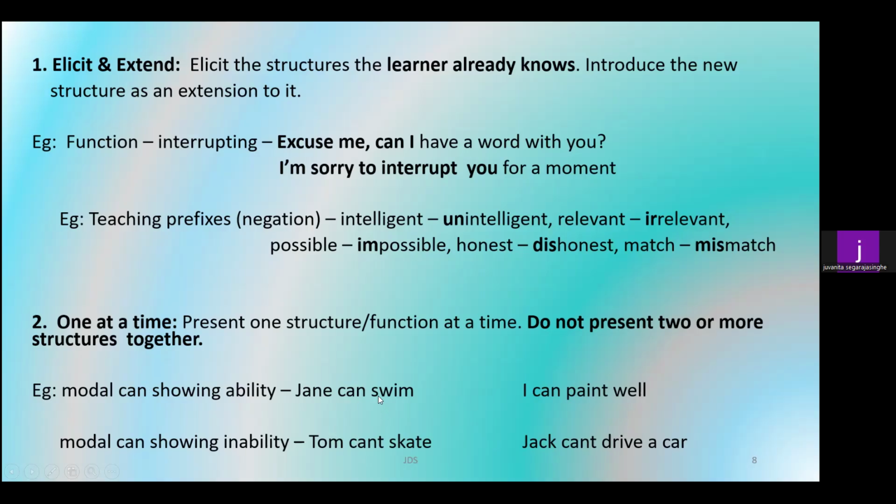It's meaningful, right? Can shows ability. Can't shows inability, whatever they can't do. Both are getting contrasted. Therefore, you can present can and can't together since they are almost the same structure. One is positive, indicating positiveness, and the second is negativeness.